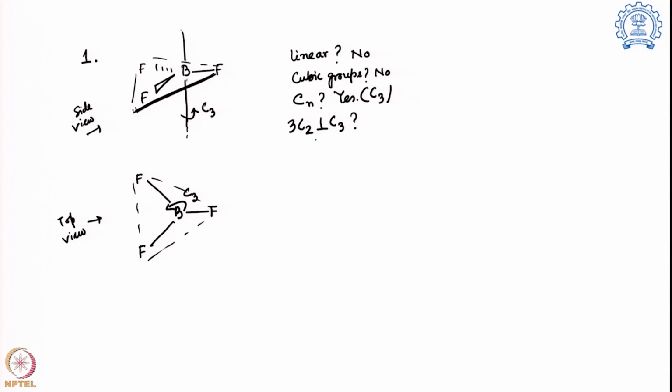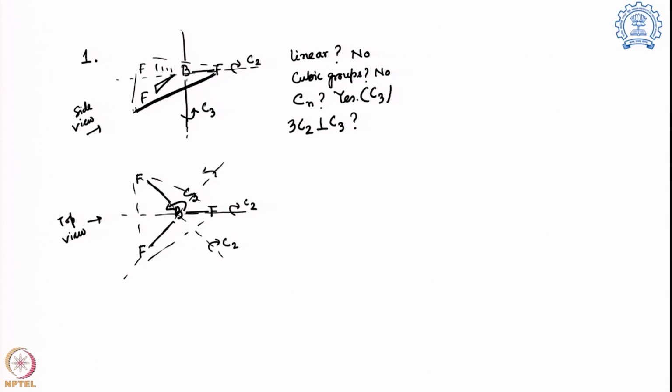So, you can see over here along with each BF bond I have a C2, I can rotate 180 degree and I am going to get a similar structure, indistinguishable and superimposable, because this BF bond remains the same, the other fluorines exchange places. See in this structure from the top view over here. It is not only over here, it can belong to any of the C2 along the BF bond.